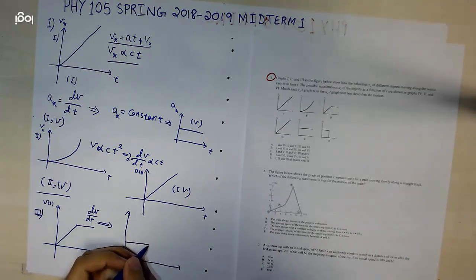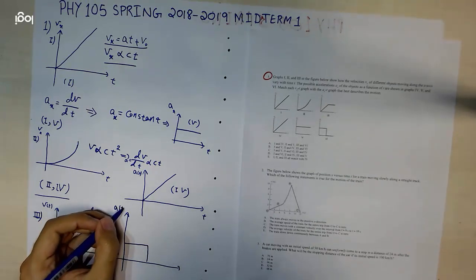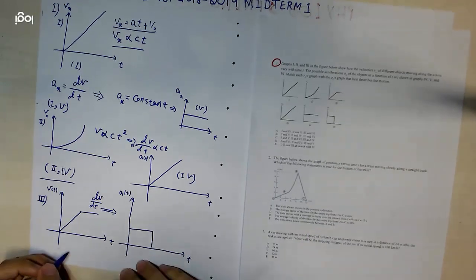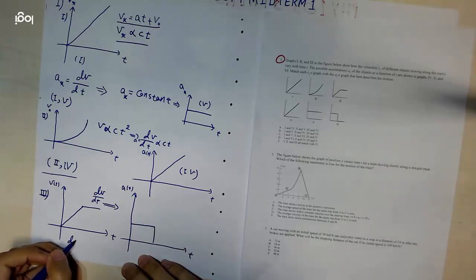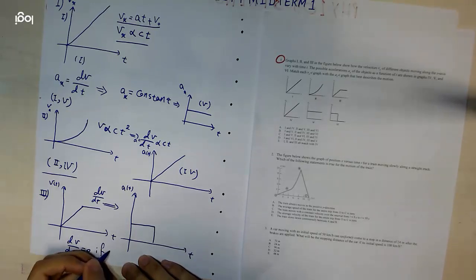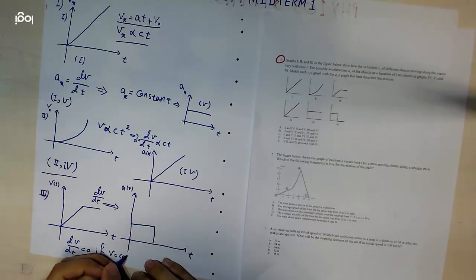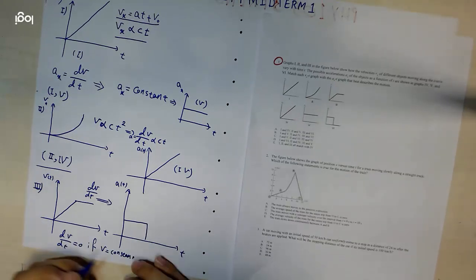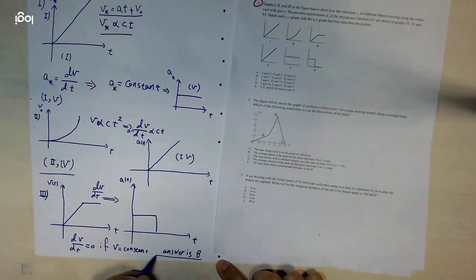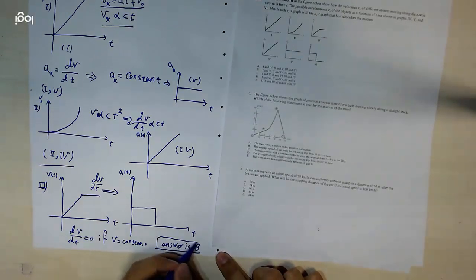In the second part it should be 0, because dv over dt is equal to 0 if v is equal to constant. So, our answer is B.